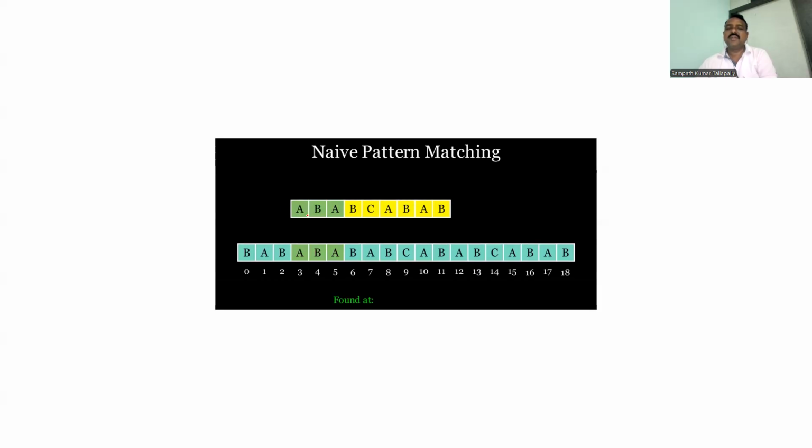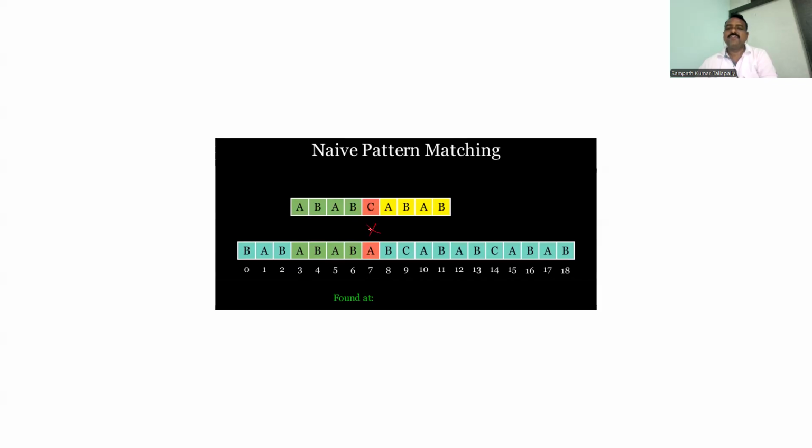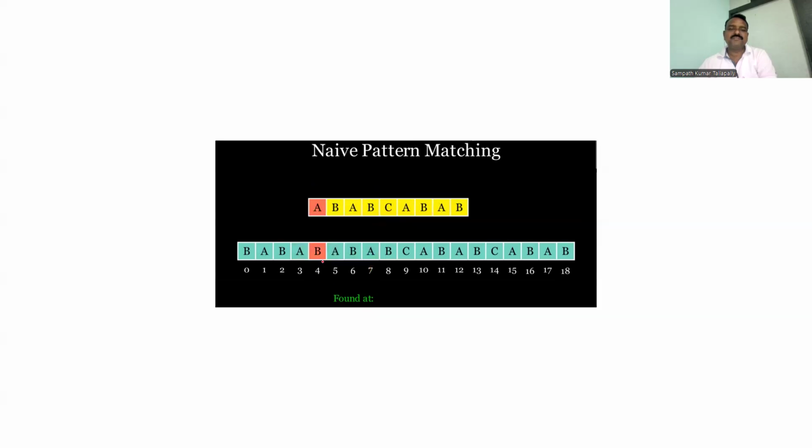When they are matching, we compare with the second element, the third element, the fourth element, and again we find that these two characters are not matching. Whenever these two characters are not matching, according to the last process, we send the index from here to here, and the control is sent from here to here.